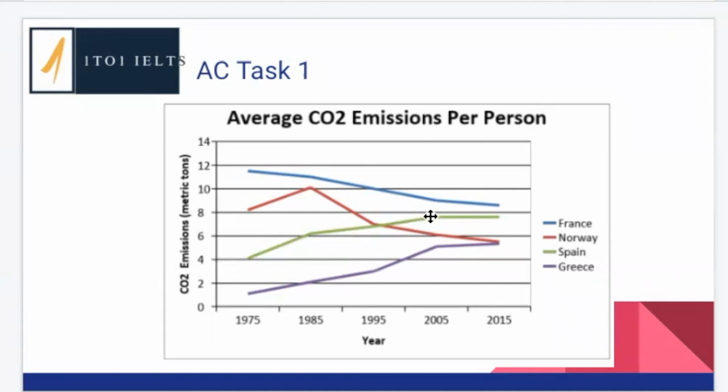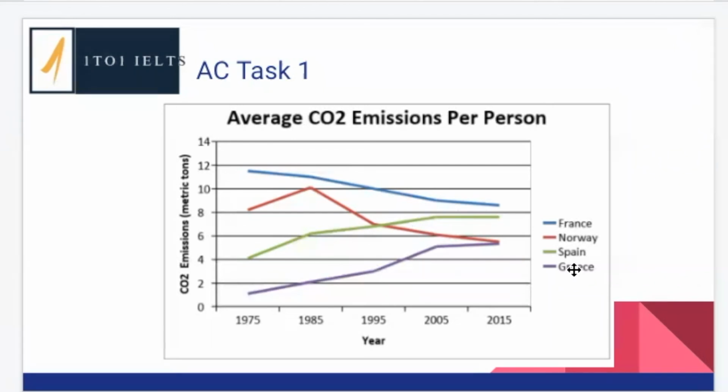Mentioning that we continue to increase, but then mentioning that the data became stable, it plateaued from 2005, 2015. So we've got chunk 1, chunk 2, and we've got basically 3 data points. This point, the start, 2005, 2015. These are key data points that need to be mentioned.